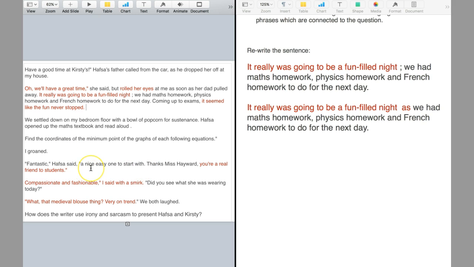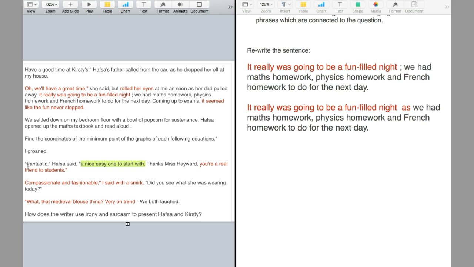She's saying one thing but it gives the opposite meaning, which is the irony. That's why "fantastic" here is not real fantastic, it is sarcasm.